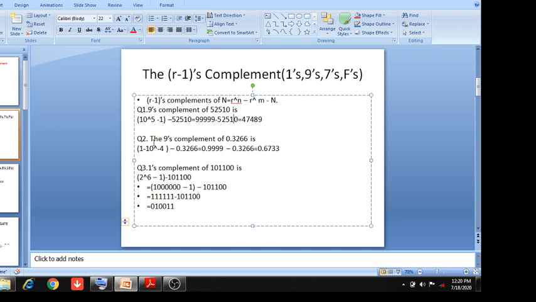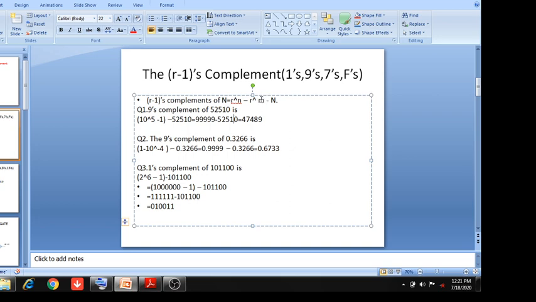Okay, suppose you have to determine 9's complement of 0.32666. Okay, subtract every digit from 9, because it is fractional part, so 0.99999 minus 0.32666, so 0.67333. From where it is coming? Again from formula, because in this case value of integer part is 0, so 10 to the power 0 is 1 minus 10 to the power minus m.